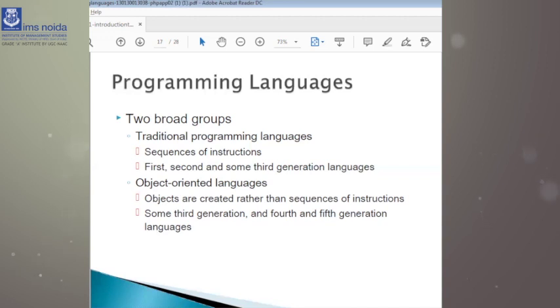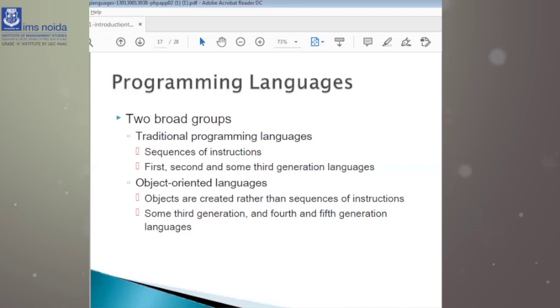If I take a very simple example, in traditional programming languages you can write so many lines of code to develop a small simple thing.